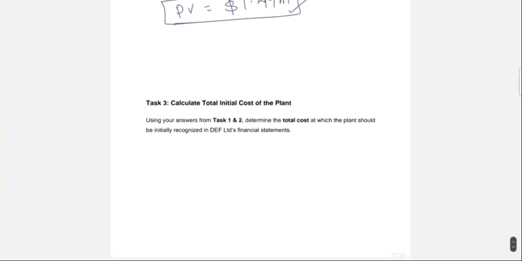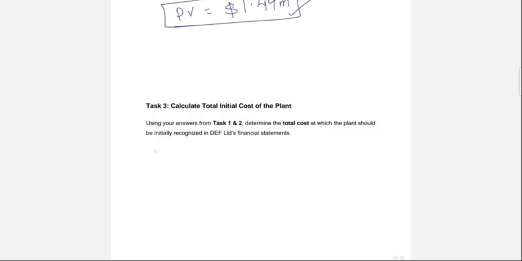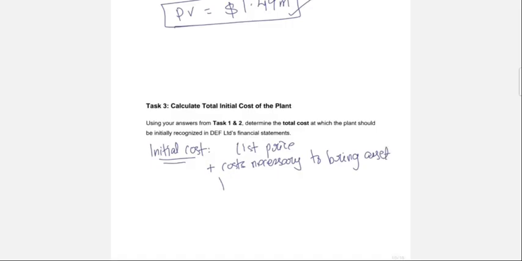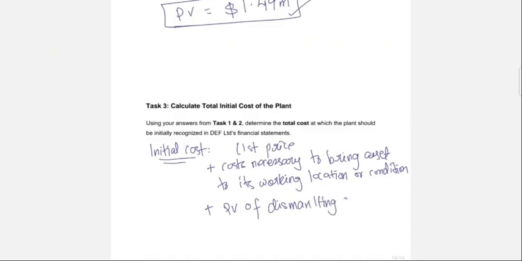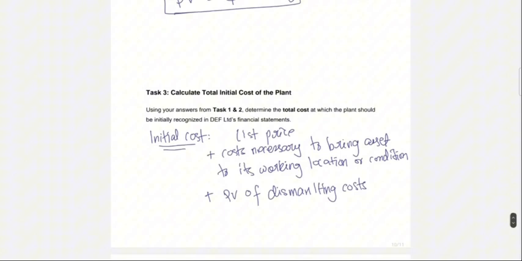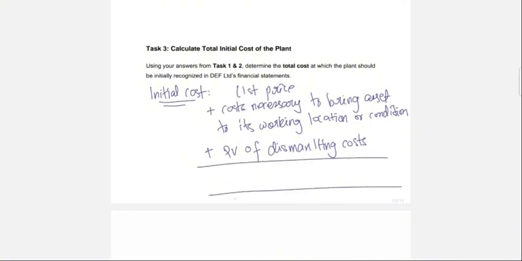So let's calculate the total initial cost of the plant. This is how you will calculate the initial cost.